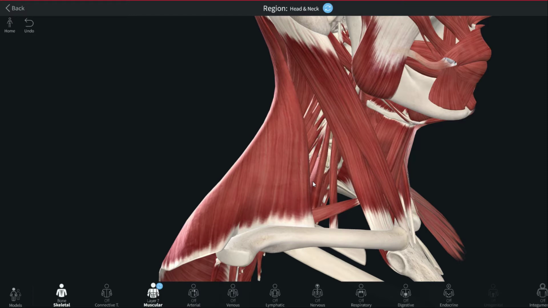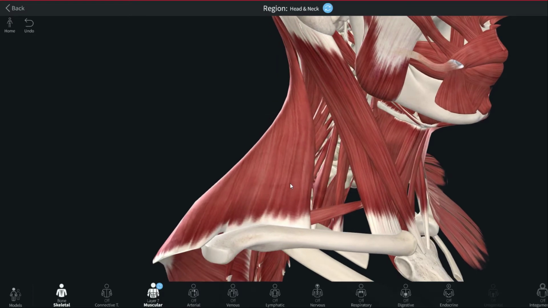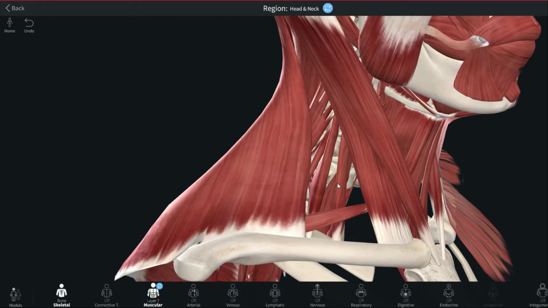But the upper digitation, the first digitation of serratus anterior, extends so superior that it might even reach the posterior triangle's floor, and hence sometimes the first digitation of serratus anterior is also considered a constituent of the floor of the posterior triangle. Now, these are the muscles which constitute the floor of the posterior triangle.